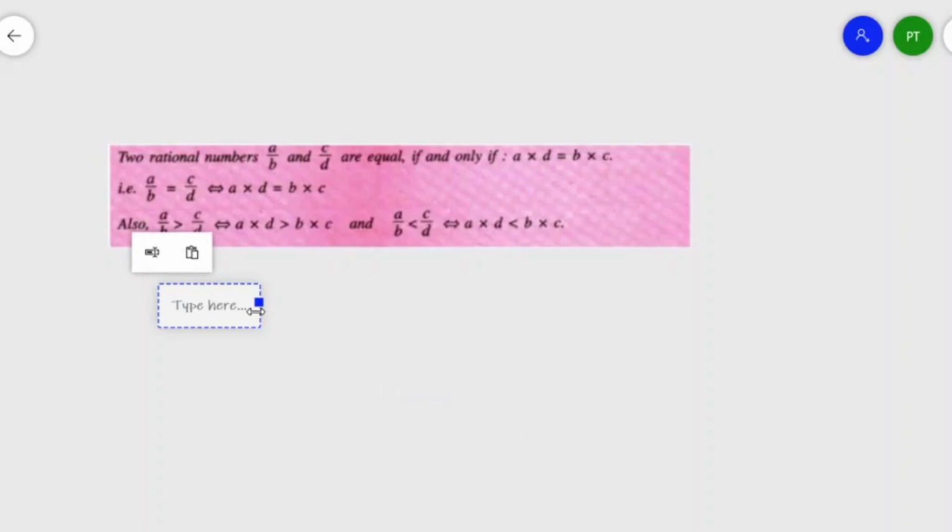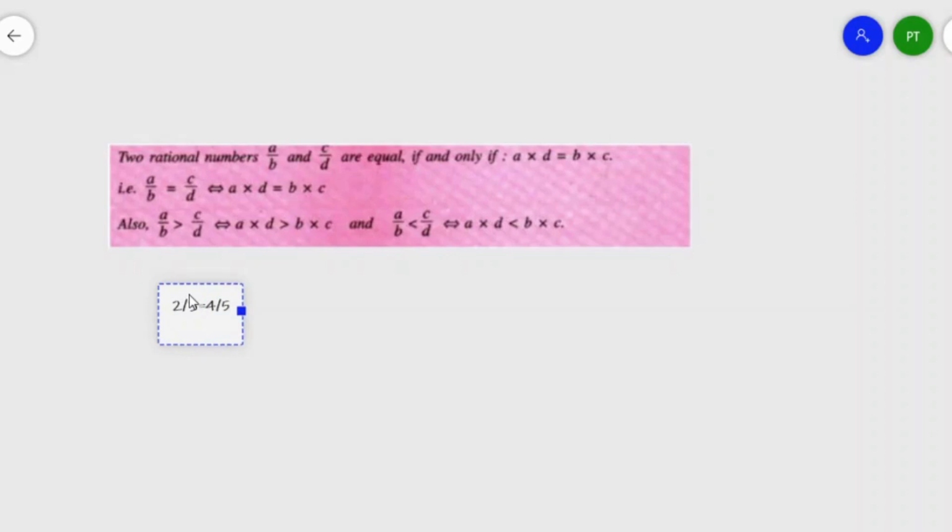So as we saw before on the different conditions, let me explain it more clearly with examples. We can use this condition to check which of the given two rational numbers is greater. So let's take 2 by 3 and 4 by 5 as examples. As mentioned here, we have to do a cross multiplication.